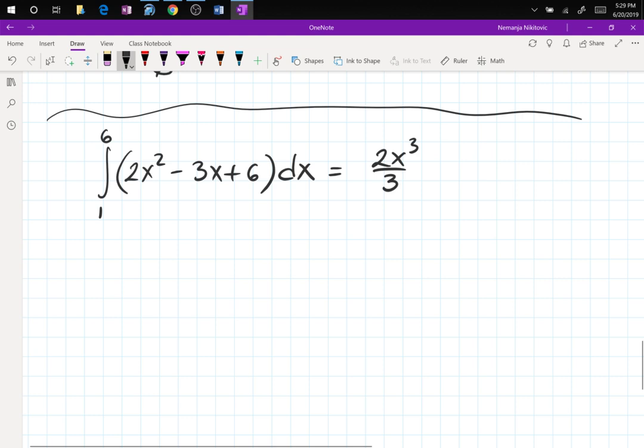You will copy the 2, that's the coefficient, the constant you copy, and then the integral of x squared, you have to add 1, so it's x cubed over 3, right? Good. What is the integral of 3x?